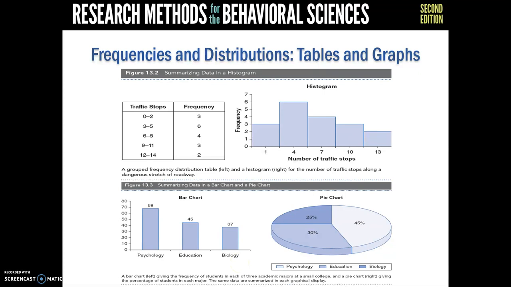This one says 45% of people are in psychology major, 30% in education and 25% in biology major. So yay, go psychology. This is what the pie chart represents, the percentage of people that you study.